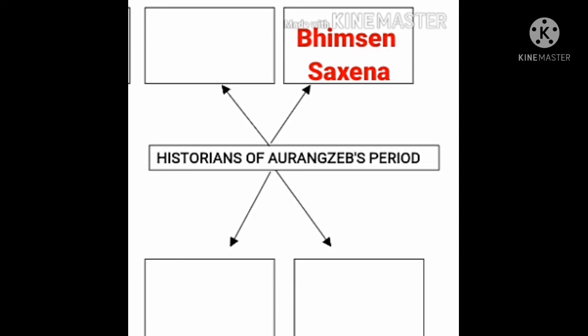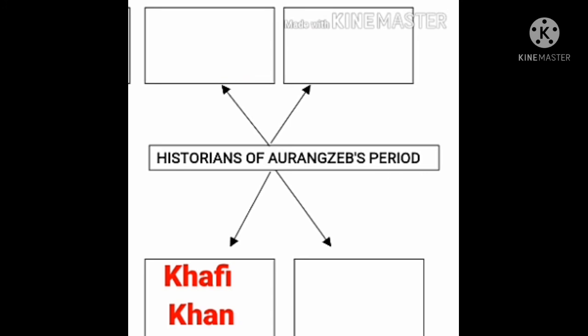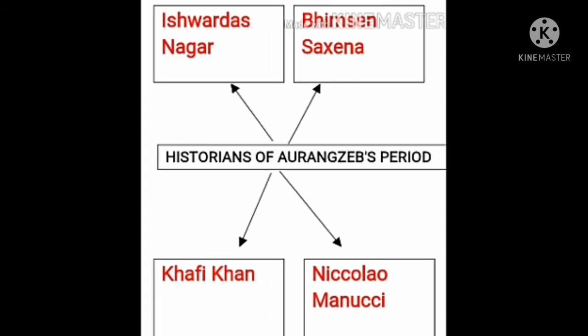Then in the third box write down Khafi Khan. And in the fourth box write down Niccolao Manucci. So note down all four names in the worksheet and complete it.